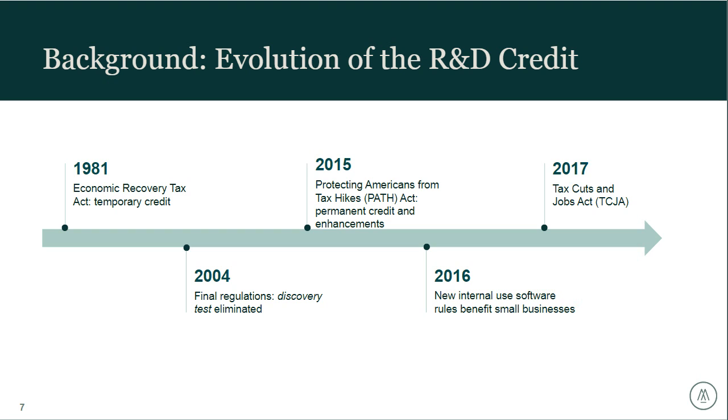Back in 2001 and 2004, we had regulations that eliminated what we often refer to as the discovery test. The discovery test said that you had to obtain knowledge that exceeds, expands, or refines the common knowledge of skilled professionals in a particular field of science or engineering in order to qualify for the credit.